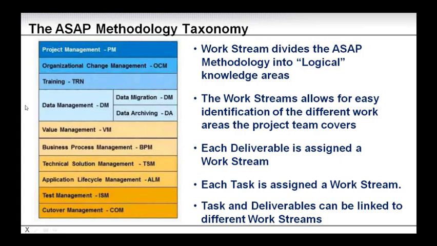It's a different skill set, and it might be a different project in itself. Same for technical solution management and application lifecycle management. Application consultants and infrastructure consultants are no longer mixed together, it's broken down. So it should give a clearer view of what knowledge areas I need, what those knowledge areas will be involved in, and what the accountability is within those knowledge areas.